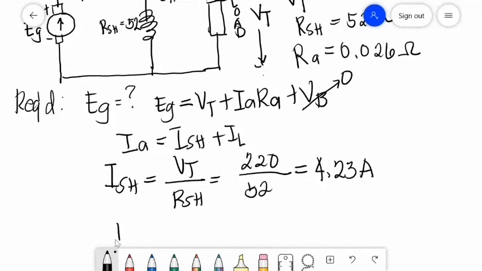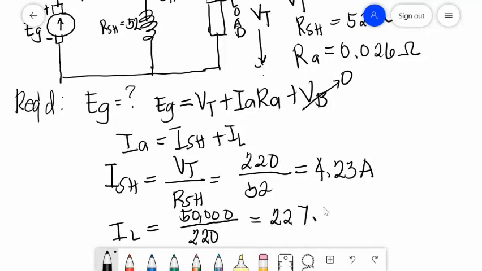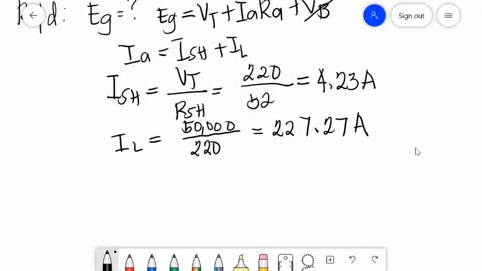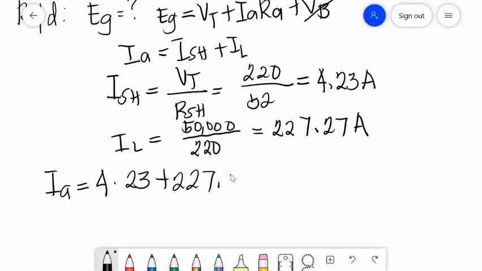And IL, since load power is given, 50,000 divided by the terminal voltage equal to 220, so we have a load current equal to 227.27 ampere. IA now will be equal to 4.23 plus 227.27, so IA is equal to 231.5 amperes.